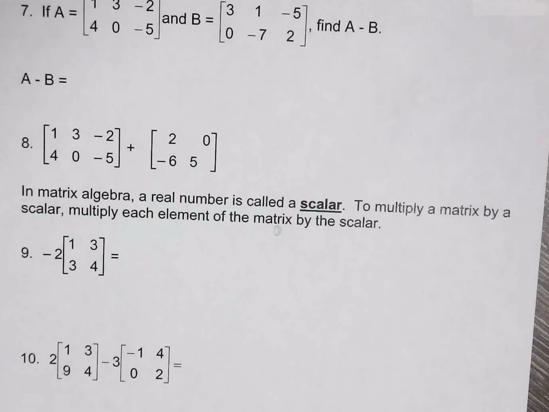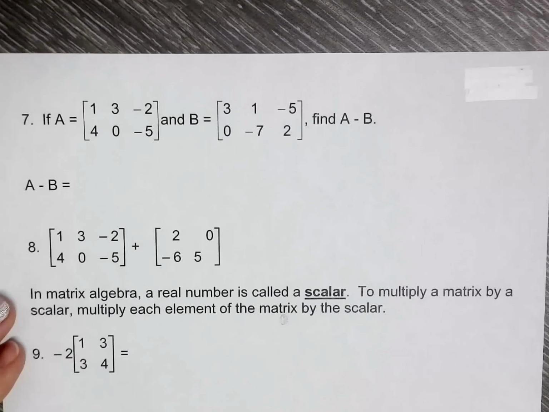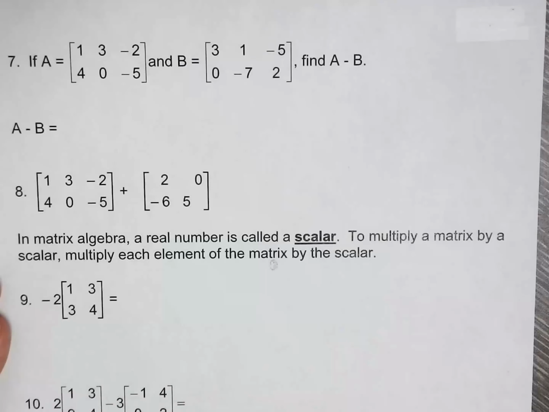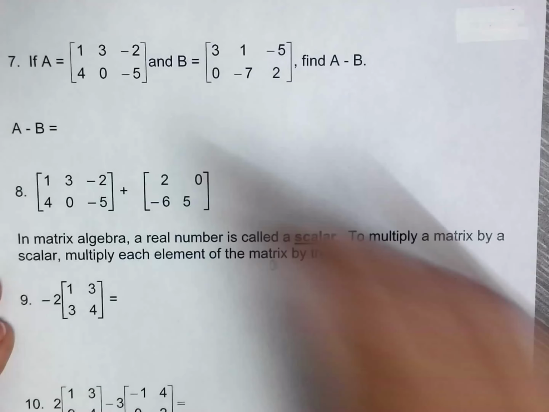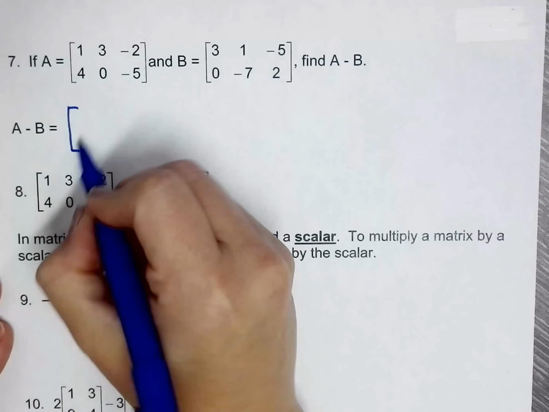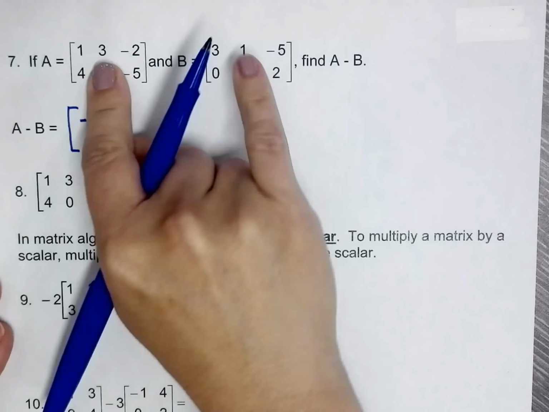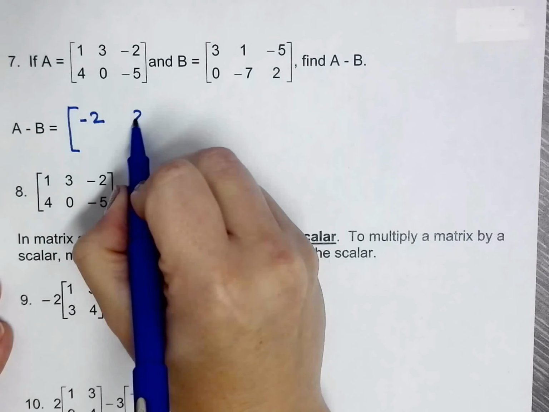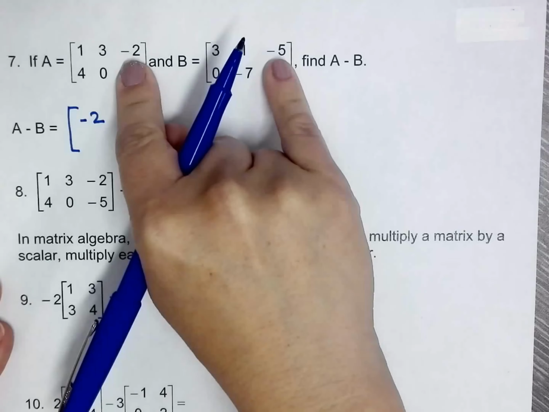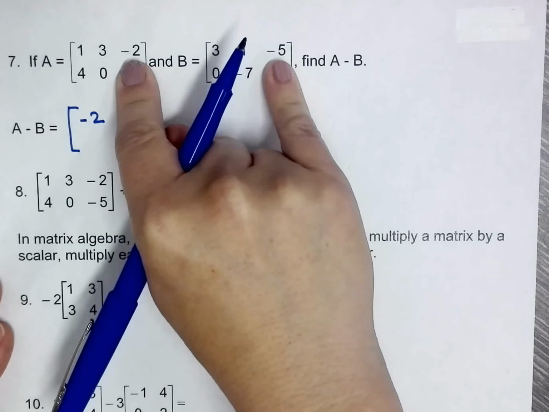And we can do more with it. We can do subtractions also, and we're going to follow the same idea. So A minus B: 1 minus 3 is negative 2. 3 minus 1 is 2. Negative 2 minus negative 5. Be careful with that.